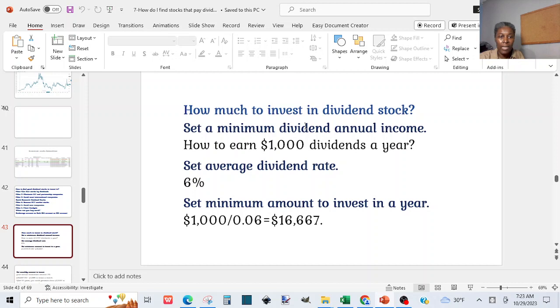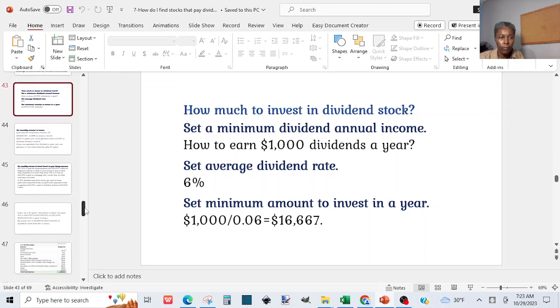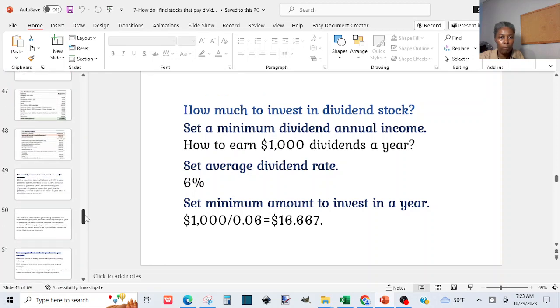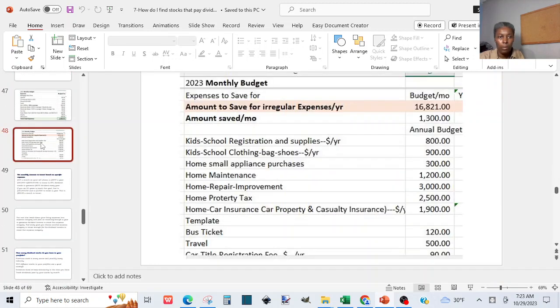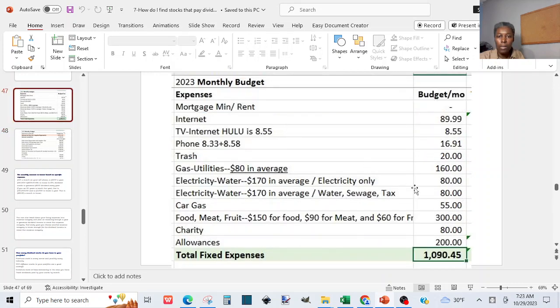So if we say that our living expenses is, let's see if we can find an example here. Let's say we have basic living expenses of 1,000, and I'm saying 1,000 because there is an allowance of $200, and in case of temporary job loss, that allowance can come off, and if it comes off, it will be around, let's say, 900 or 800 something.